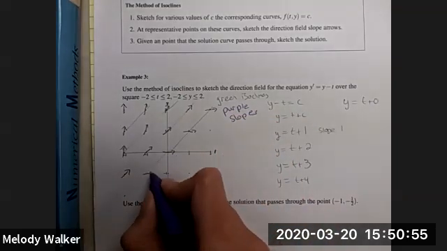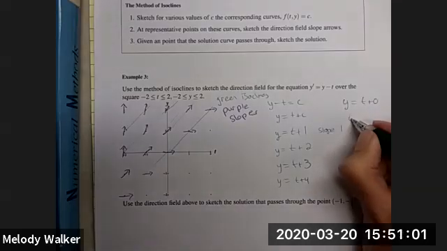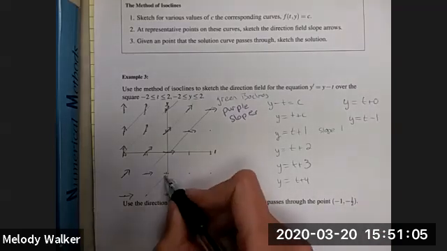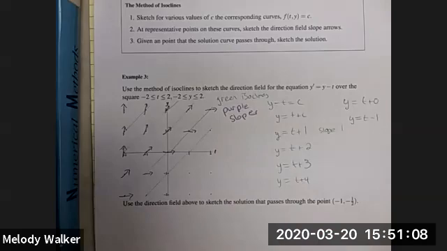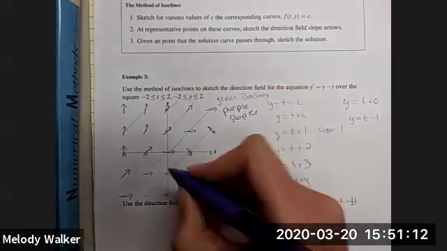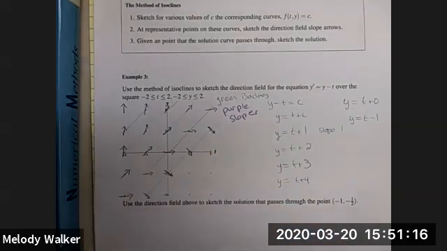That's how I would draw my slope. And now -1. So now these slopes should be going down, little arrows. It should look nice and symmetric here because that's 1 and -1.